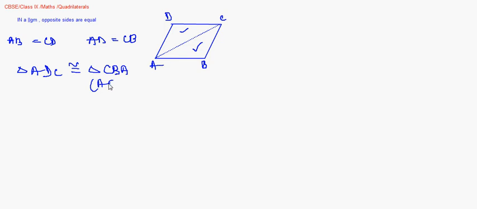So by CPCT, we can say BC is equal to DA and CD is equal to AB. This is corresponding parts of congruent triangles, which proves opposite sides of a parallelogram to be equal.